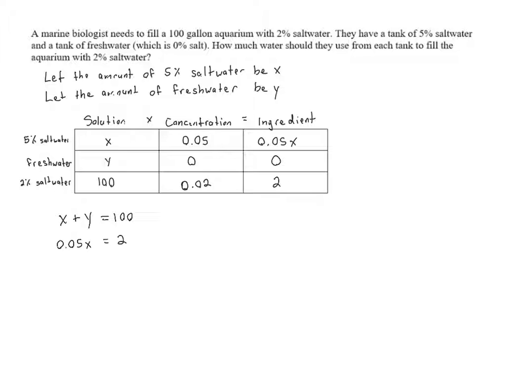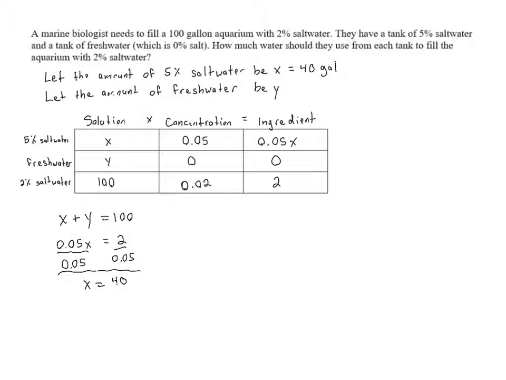If we divide both sides of that equation by 0.05, we'll end up with x on the left-hand side, and 2 divided by 0.05 is 40. So we know that x is 40. That represented the amount of 5% salt water, and this is measured in gallons. So that's going to be 40 gallons.